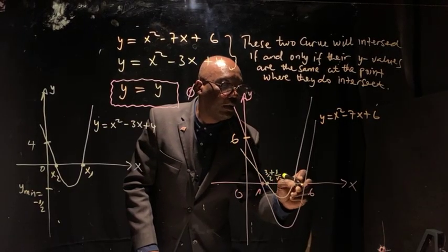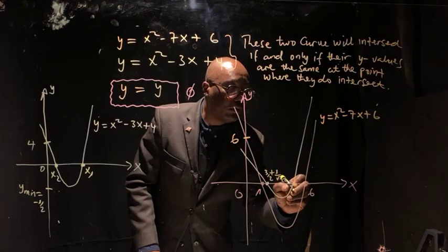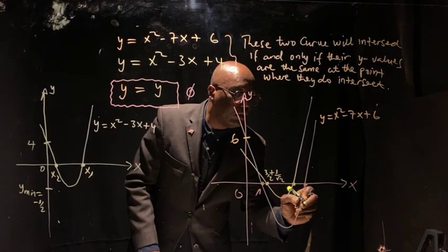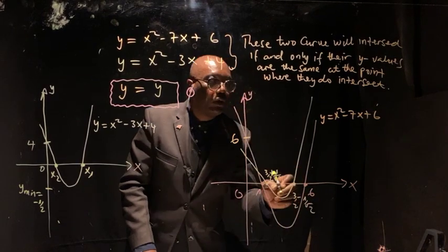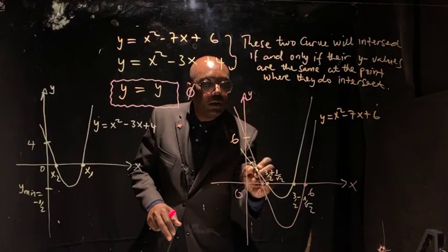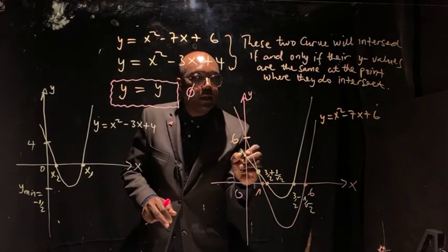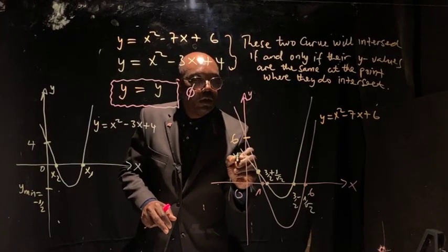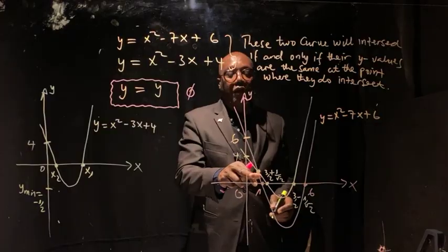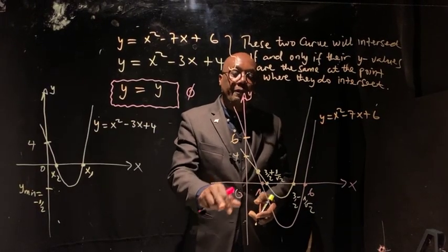And this one is 3 over 2 minus 1 over root 2. Very good. And this is the coordinate of the point of intersection that we found previously. Here is 4. And this was the coordinate of the point of intersection of the two graphs.